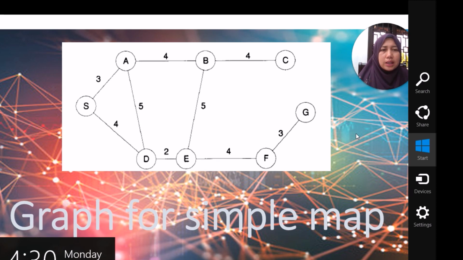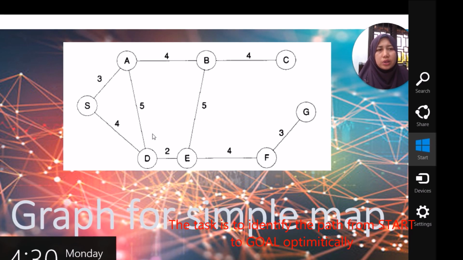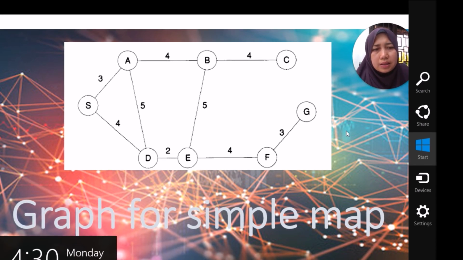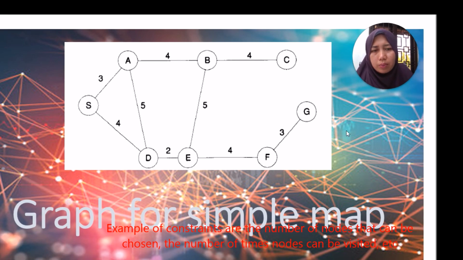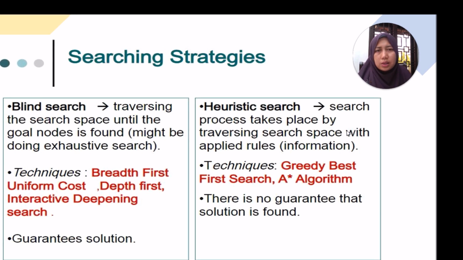Obviously, it is going to be optimized if we can choose the path which returns the shortest distance. But again, the requirement depends on the constraints of the problem. This slide compresses the difference between the searching strategies.